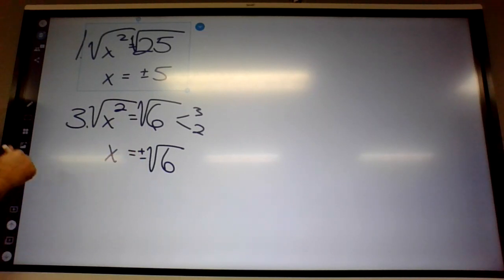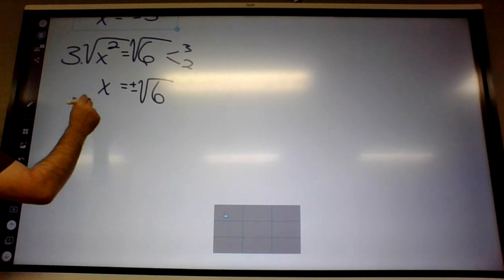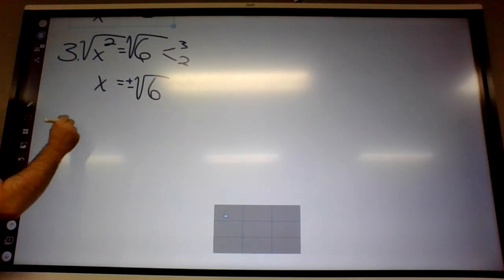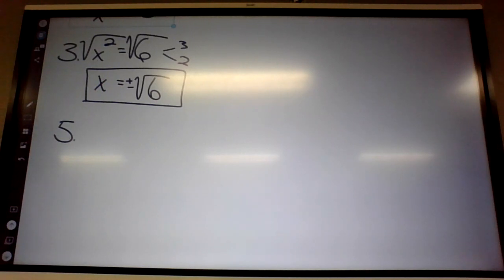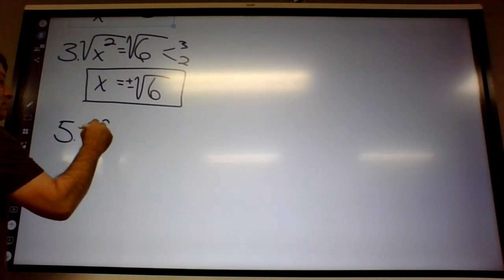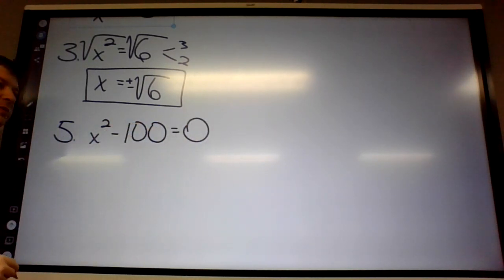Positive or negative square root of 6. Yeah, you can leave it with the square root.